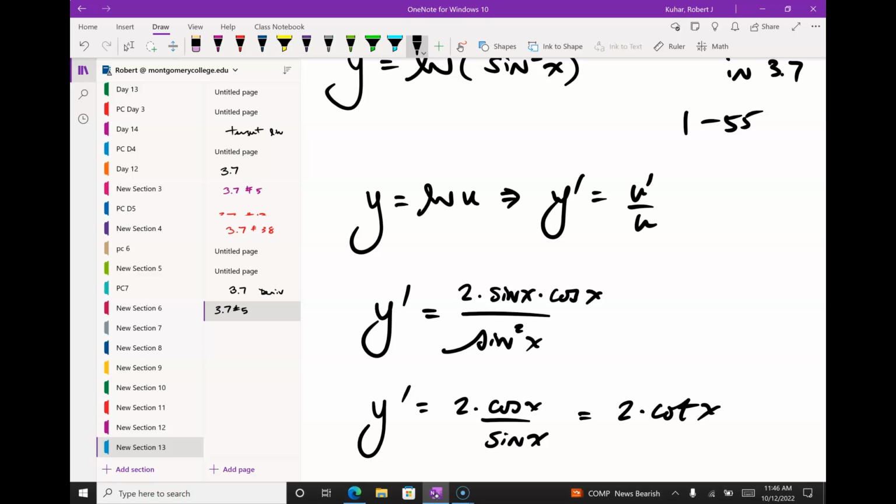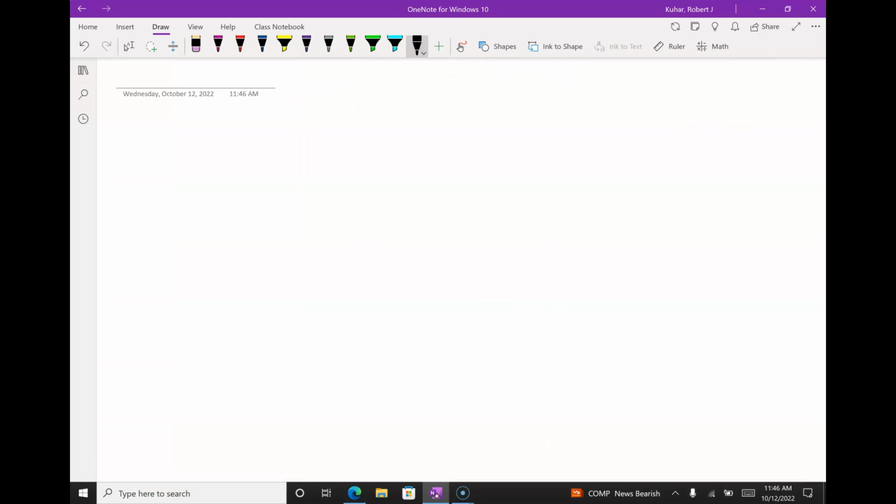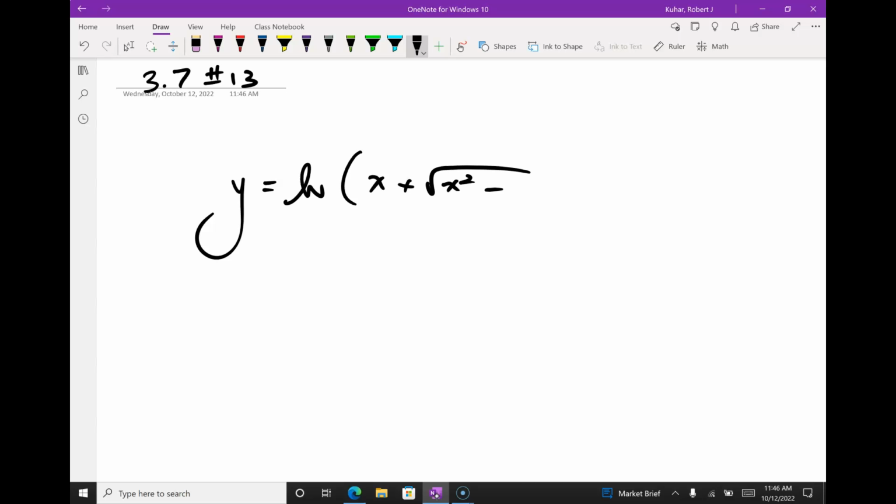This is 13. And I have y equals the ln of x plus square root of x squared minus 1. And this is a classic example of, do you have the answer the book has?